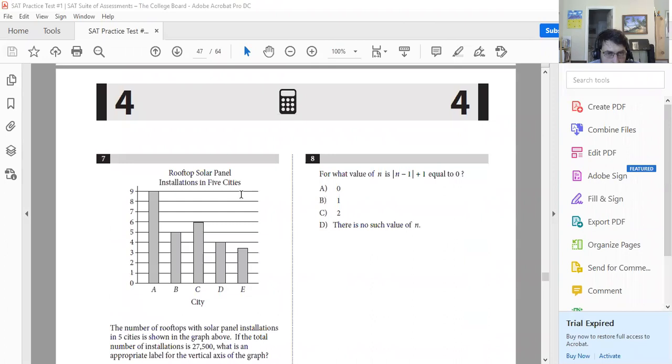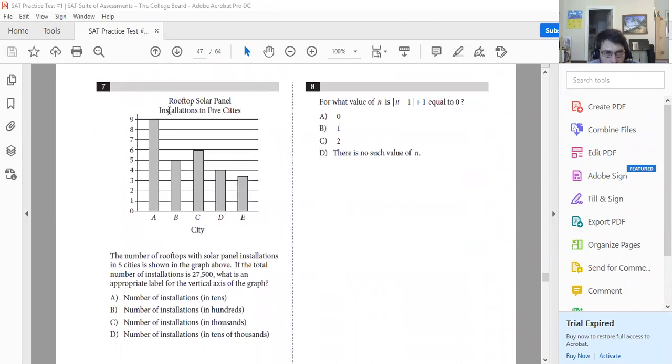Number 7. Rooftop solar panel installations in 5 cities. The number of rooftops with solar panel installations in 5 cities is shown in the graph above. If the total number of installations is 27,500, what is an appropriate label for the vertical axis of the graph?